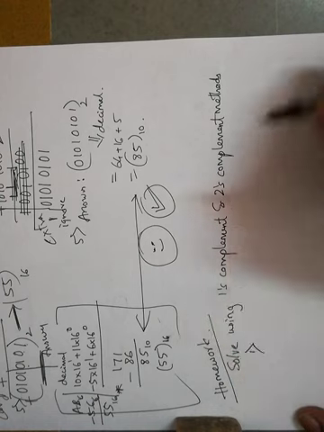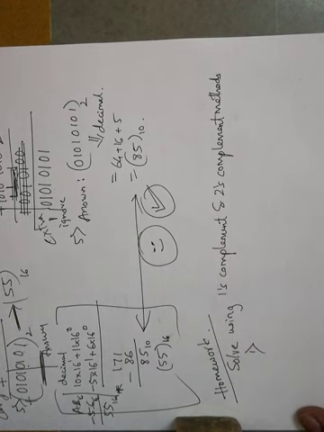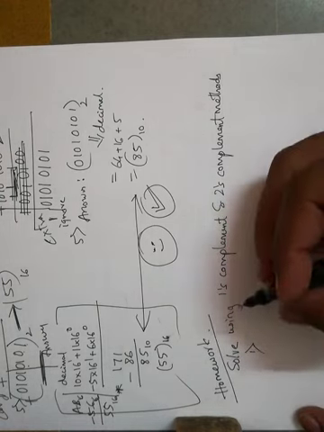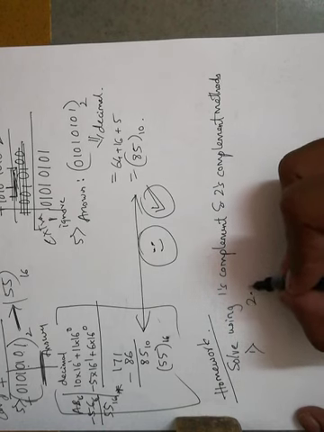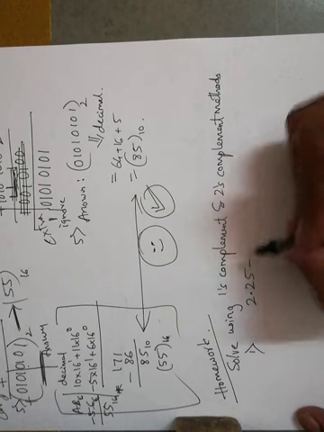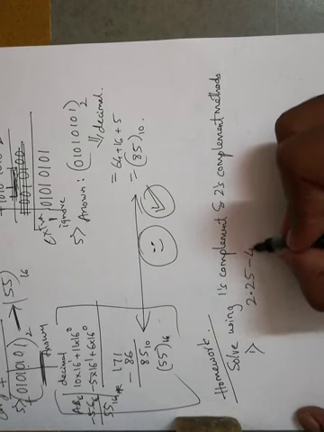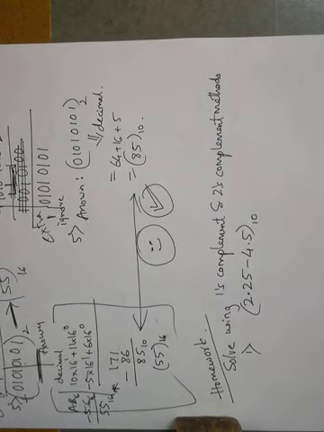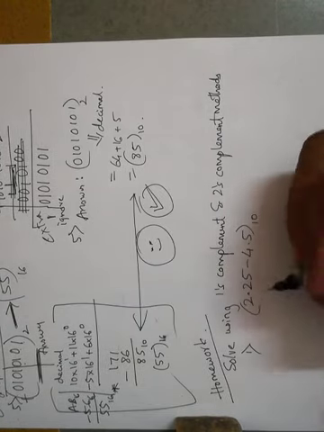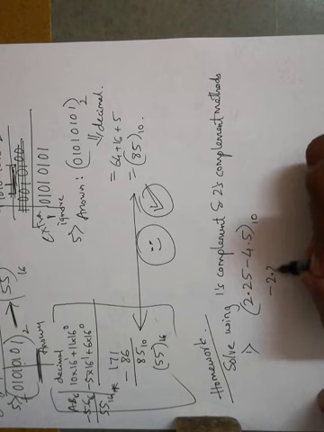Say first numerical is, let's say we'll take fractional numbers, 2.25 minus 4.5 in decimal. Okay, a very simple number, so our answer should be minus 2.25.